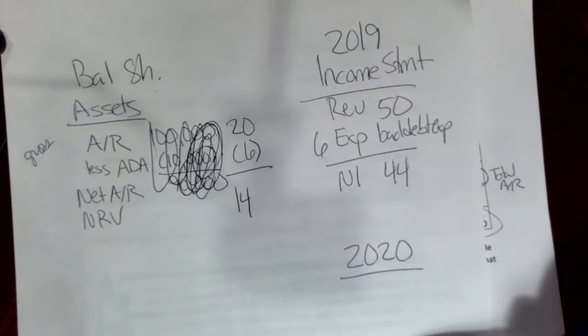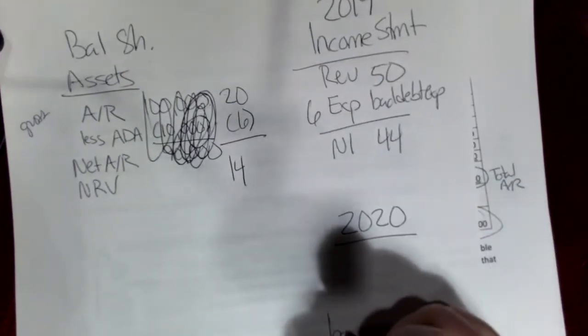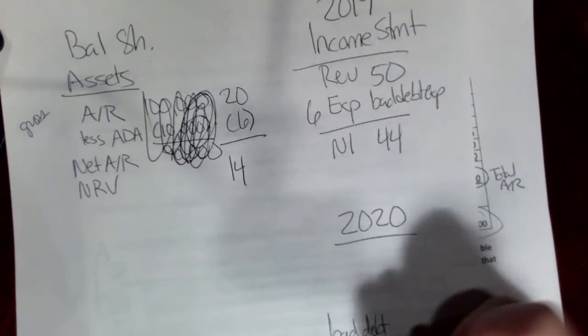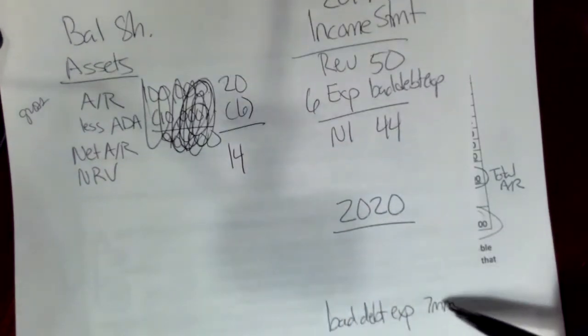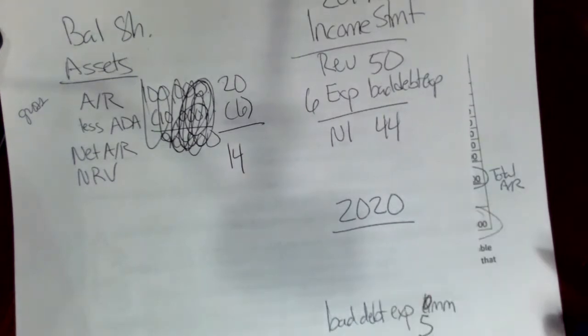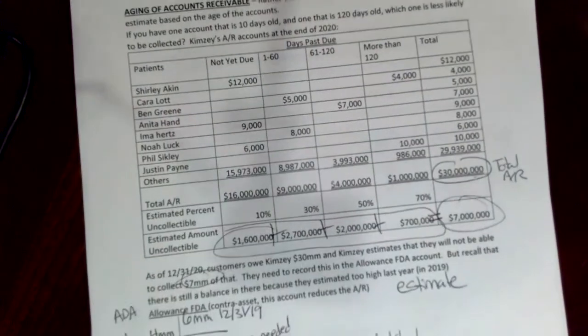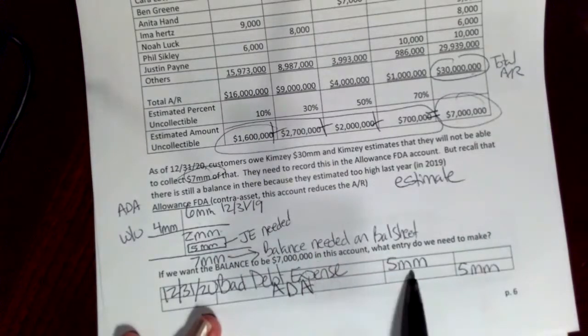Well, in 2020, they are estimating that they would have bad debt expense of $7 million. That's what we calculated. But what's going to get recorded on our income statement is only 5 million, because that's the entry you just made right here. That's what's going to get recorded. And does that make sense?